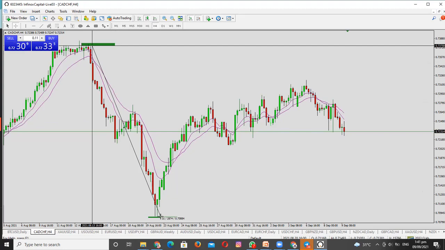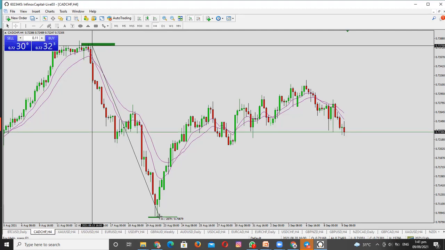The 31 you see right there is telling you the number of candles it covered all the way down here. The next one you see after the slash is the pips. So the Canadian dollar fell to the CHF by 287 pips. I'm not mentioning the 9 because the 9 is a pipette.